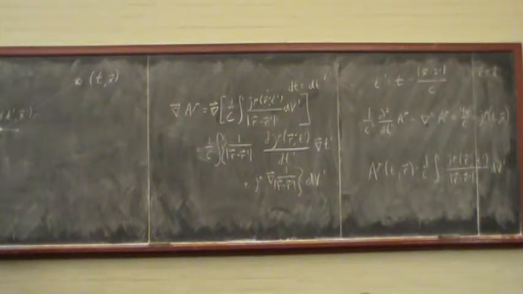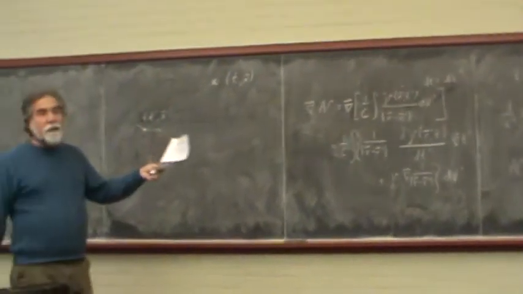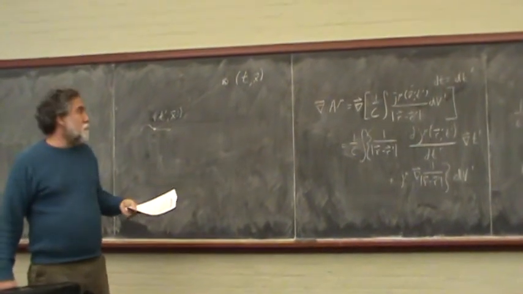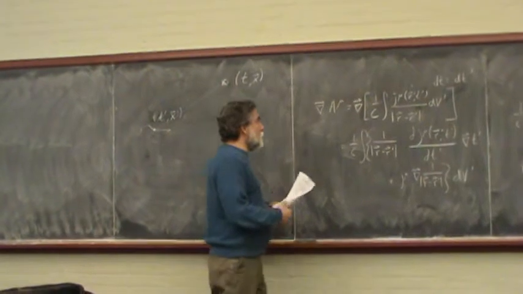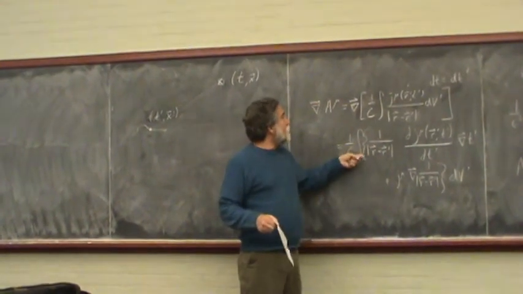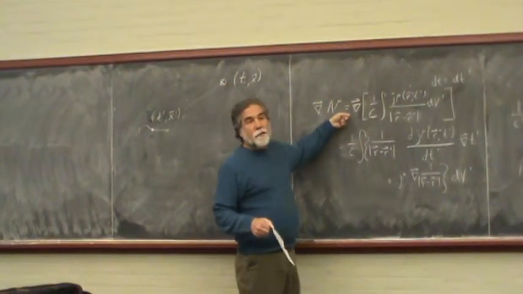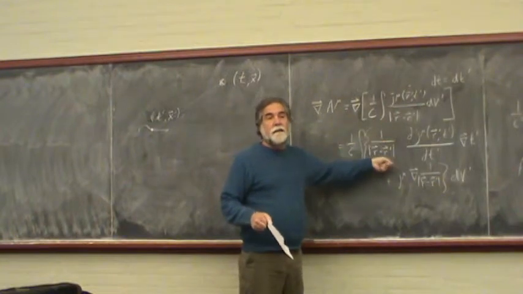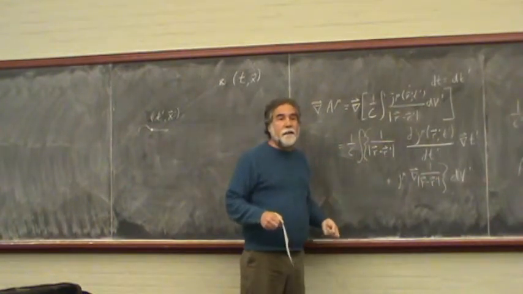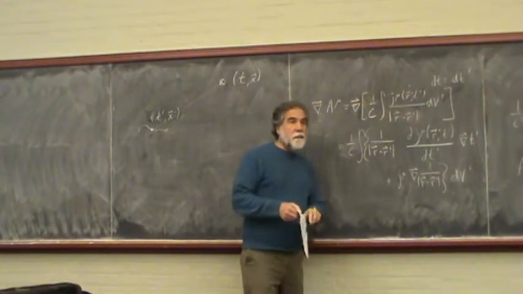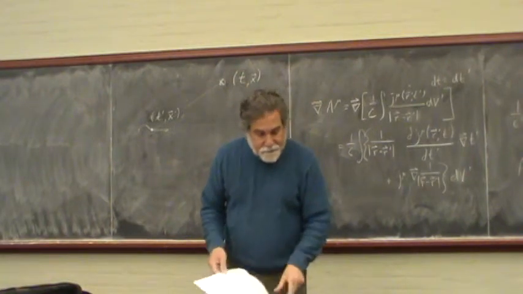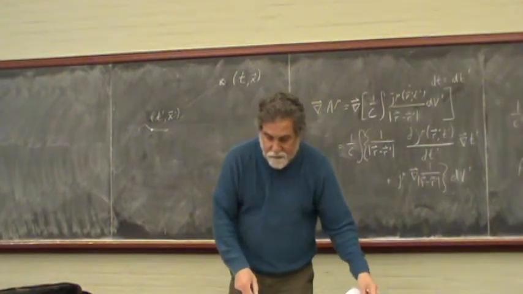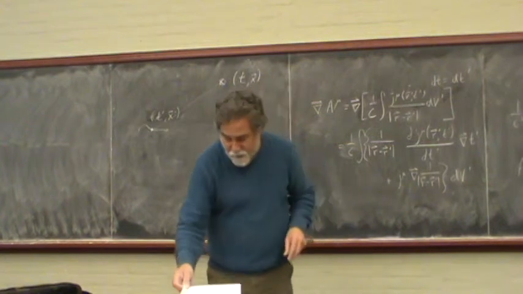I don't. So I have to fill in the steps. So in the notes that I'm posting, I'll fill in steps. But I just wanted to demonstrate here how something that looks like it could be really simple actually can get complicated pretty quickly if you're careful about the coordinates that you're using.